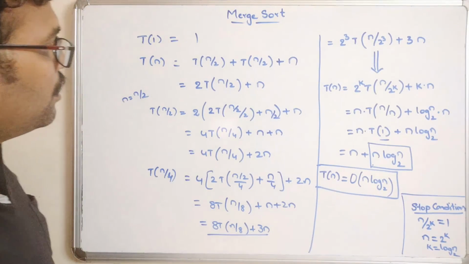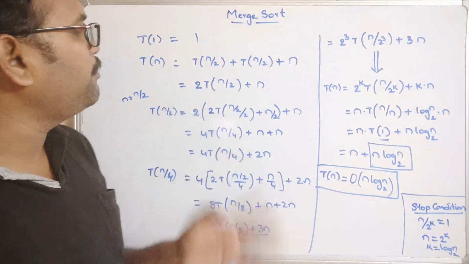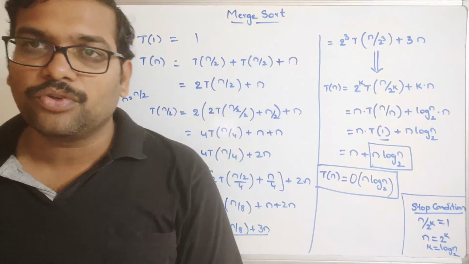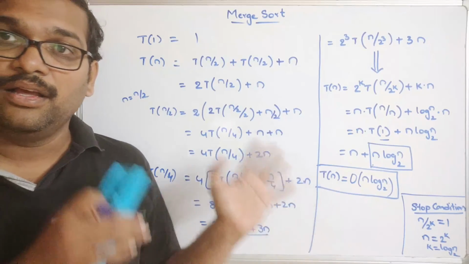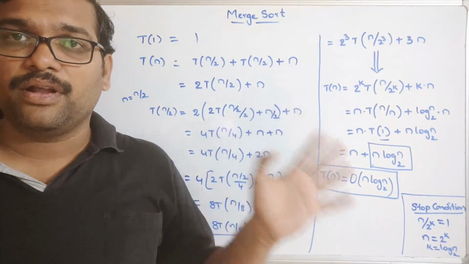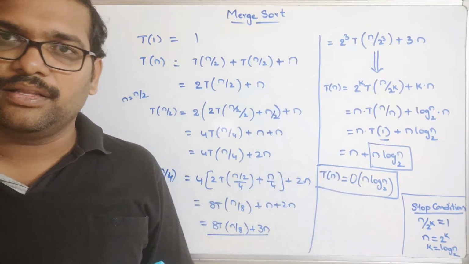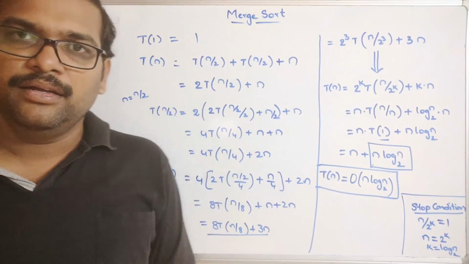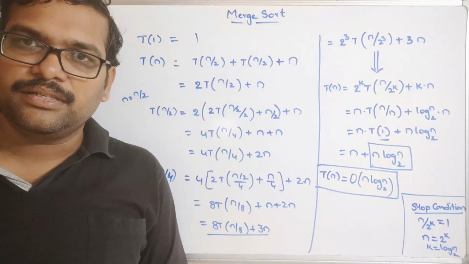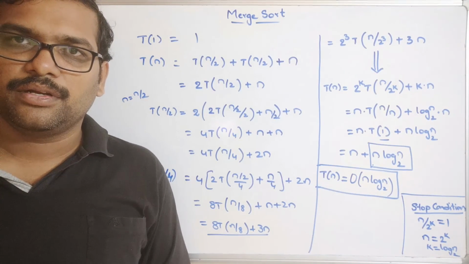Hope you understood the time complexity for this method. Whatever process we have studied right now, we have seen one example, and after knowing the example we have written the pseudocode and then we have calculated the time complexity for this method, right?